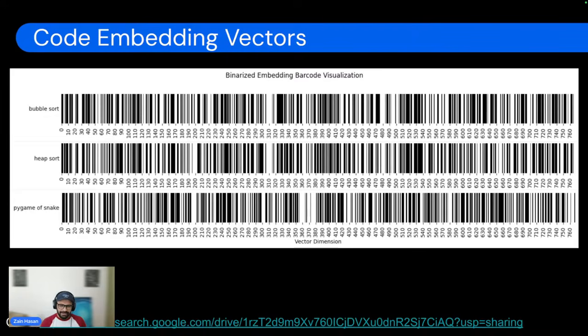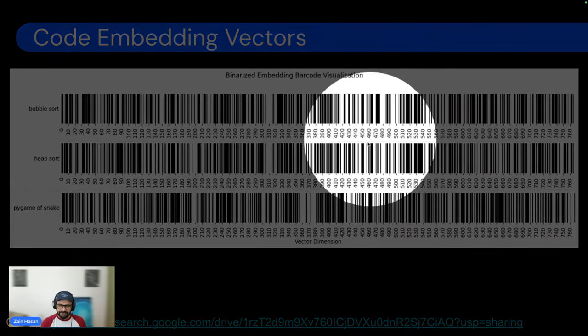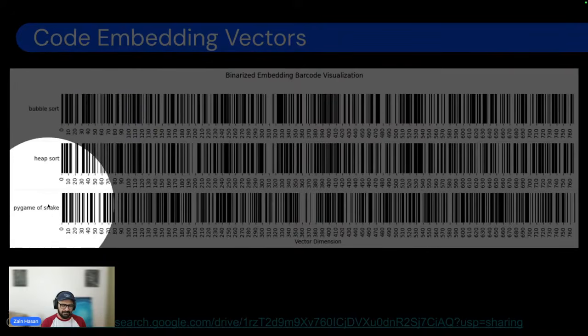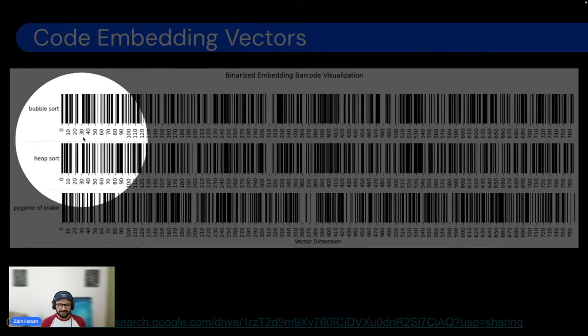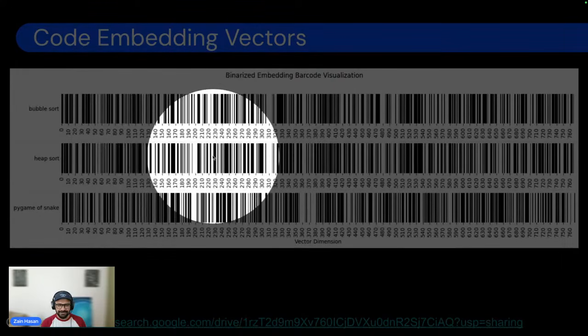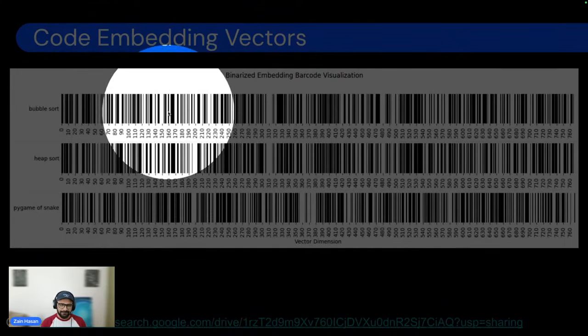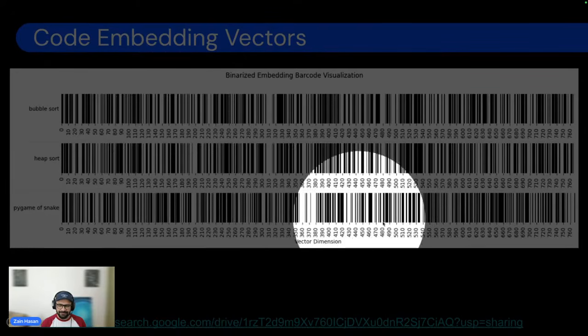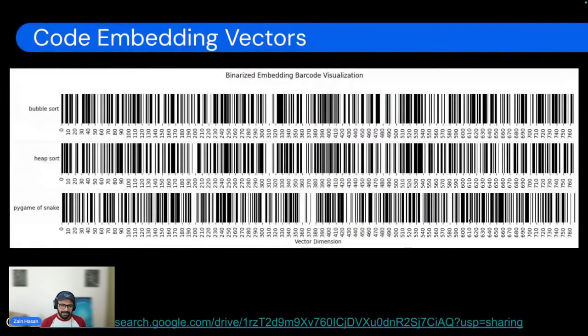Because heap sort is much more similar to bubble sort than it is to a Pygame implementation of Snake, I should be able to see some of the similarities between these vectors. And if you squint your eyes, you'll see that the black lines co-occur with the black lines in these two, but they don't over here, right? You see different patterns in the bottom. But it's a little bit difficult.